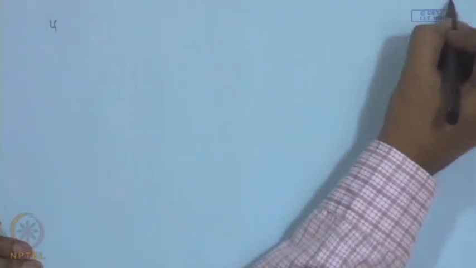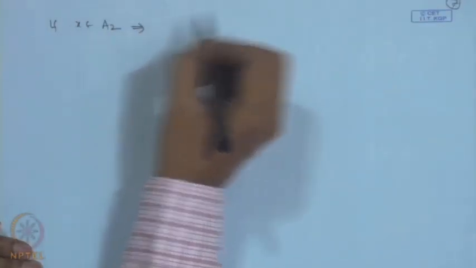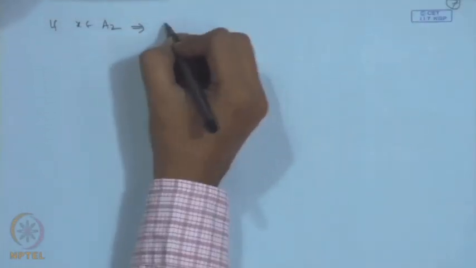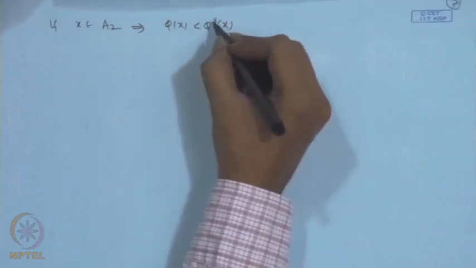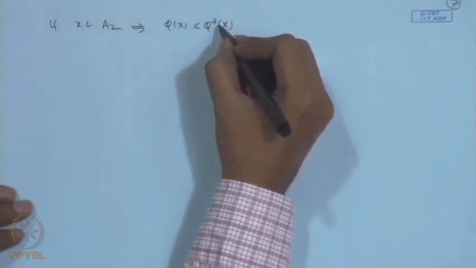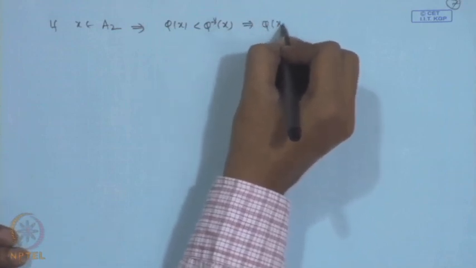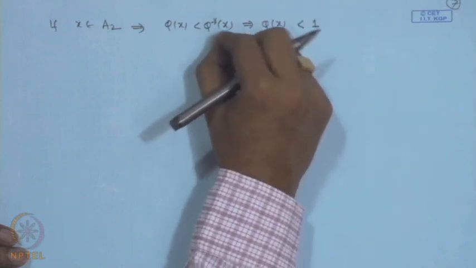Now, if I take x belonging to A2, then this will imply phi x is less than phi star x. So, phi x is less than phi star x. This implies that phi x must be less than 1, because the other region is not possible.